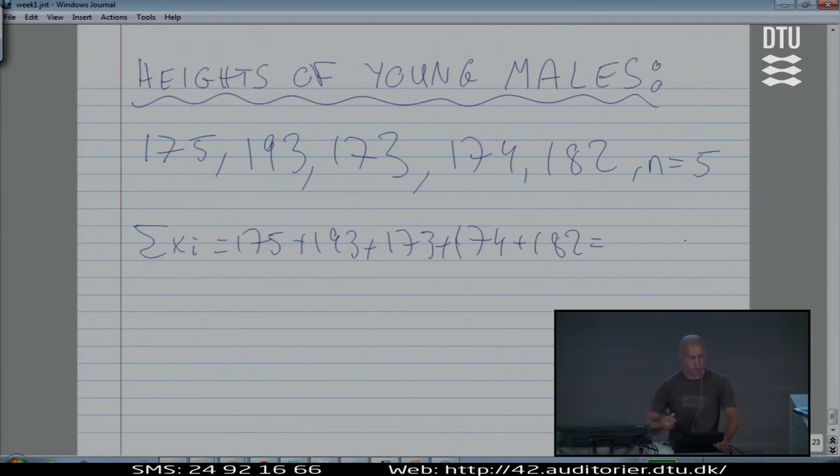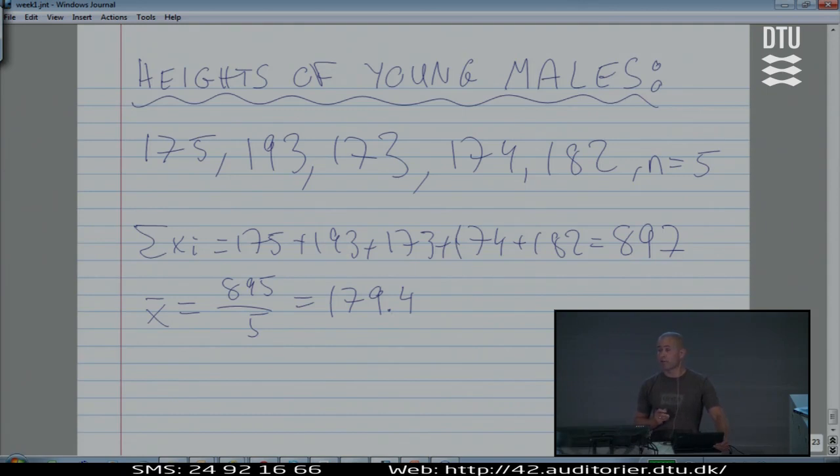Let me have times 5, that is then, the sum is 897, meaning that if we compute the average, it's then 897 divided by 5, which is, what's this? This is the average of you 5 persons.